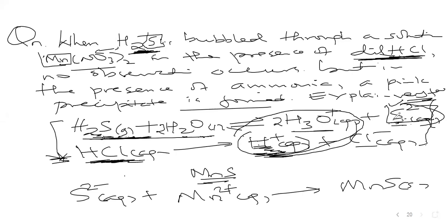That very low concentration of sulfide ions cannot make the ionic product of manganese sulfide exceed its solubility product. Hence, precipitation of manganese sulfide cannot occur.